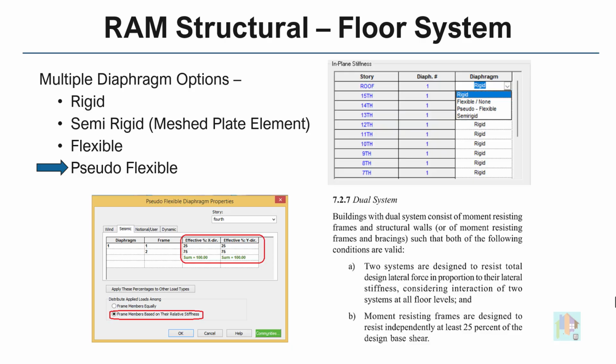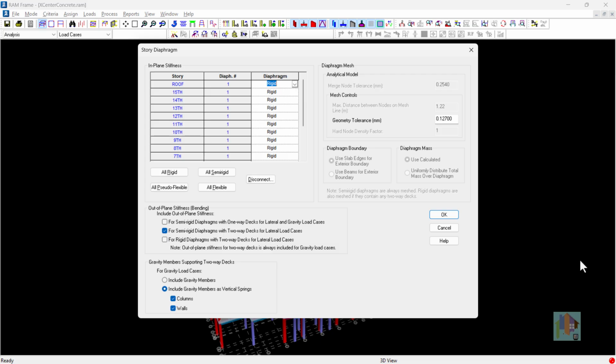A pseudo-flexible diaphragm can be used to distribute a fixed portion of lateral force to the orthogonal frames. IS 1893 code suggests a proper distribution of lateral force in different moment resisting frames. Minimum 25% of base shear needs to be carried by these frames. This can be achieved with a pseudo-flexible diaphragm. In this model, we have considered all floors as rigid diaphragm, with infinite in-plane stiffness considered during lateral analysis.